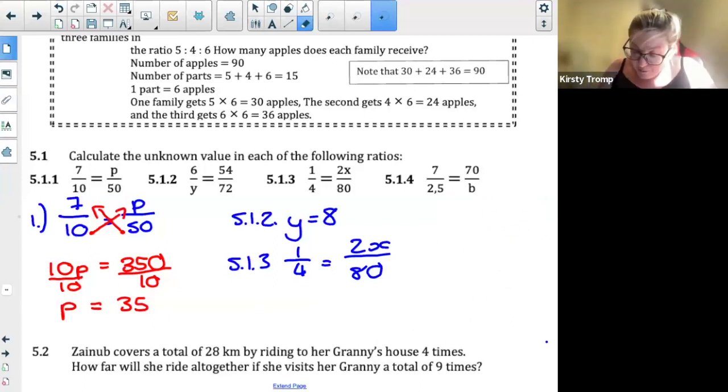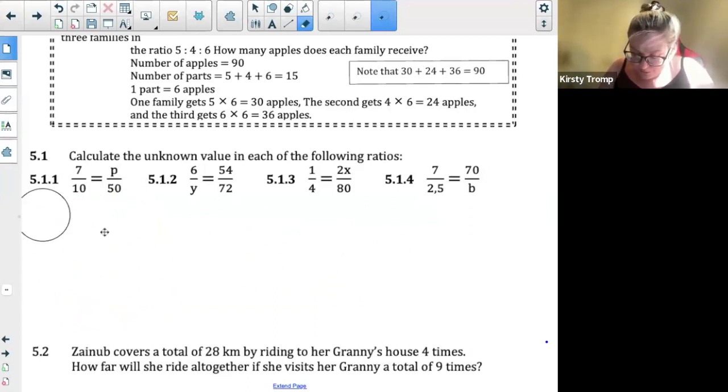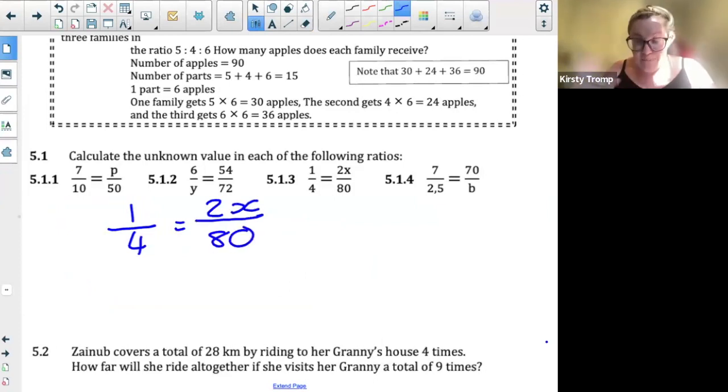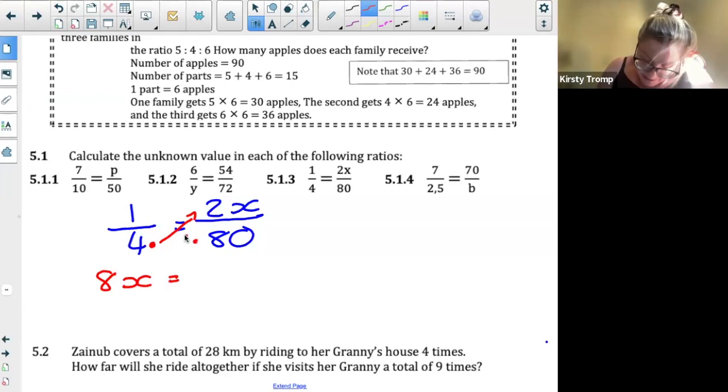Okay. Let's look at 5.3 together. I'm going to rub this off. Right, 5.3. I've got 1/4 is equal to 2x over 80. Happy with that? Yes. So I'm going to do cross multiplication. I'm going to take the bottom and times it by the top. 4 times 2x gives me what? 8x. Okay? Are you happy with that? Yes. I'm going to take the bottom and times it by the top.